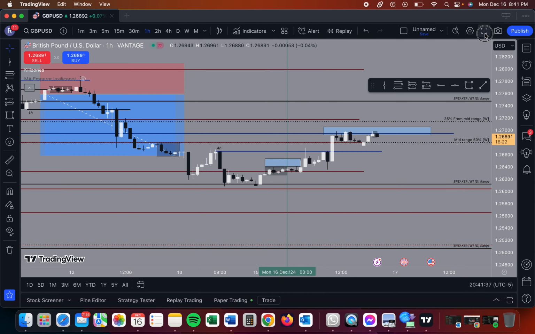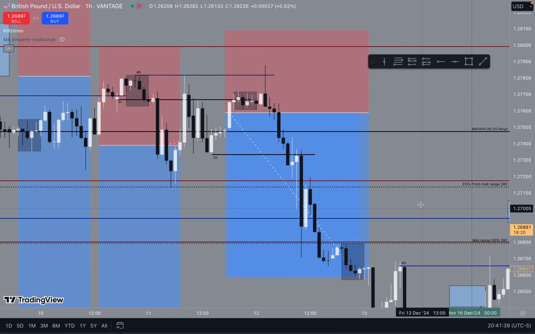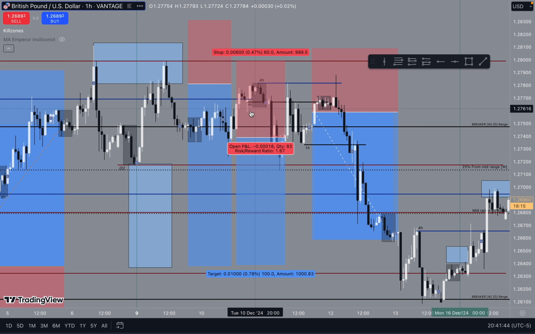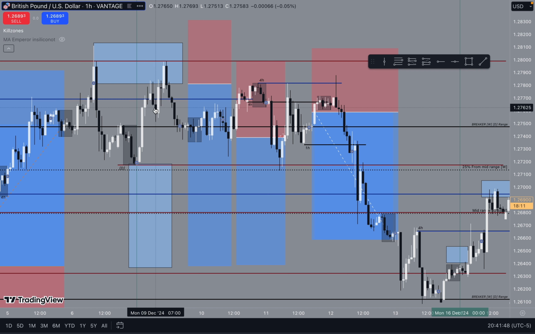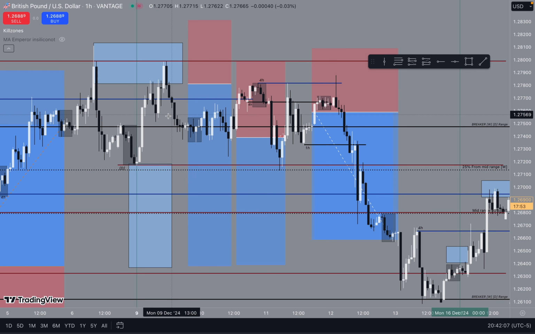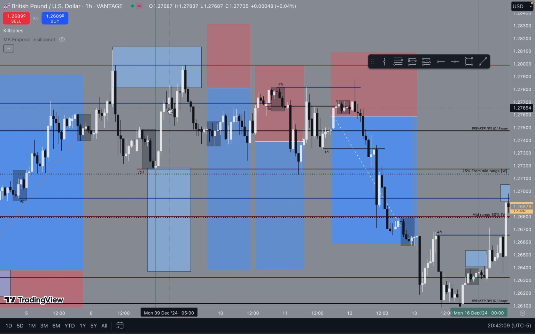So let's go back. How did I get it? So first, on Tuesday, I saw this swing low, which is the 1 hour time frame level, already broke. So it tries to go back to rebalance this breaker.